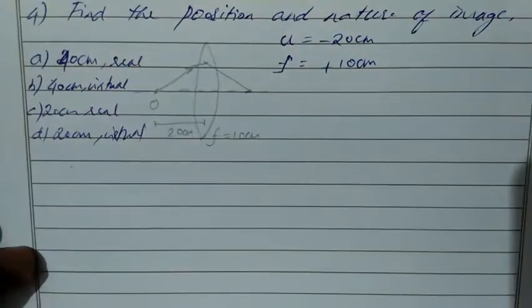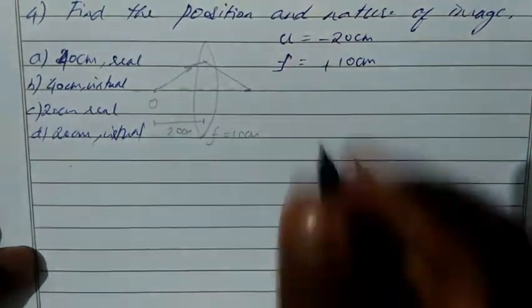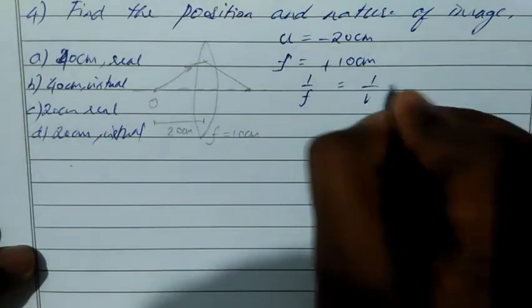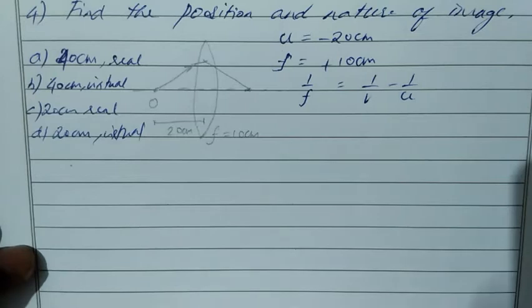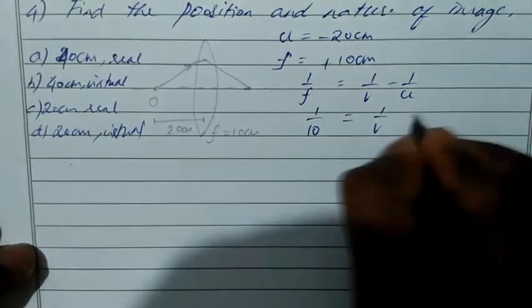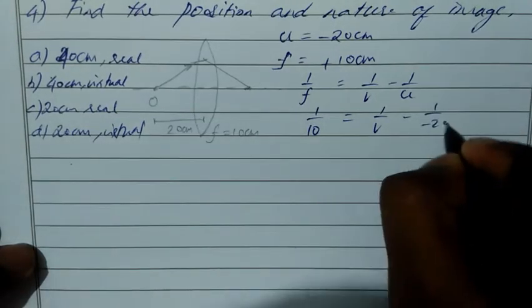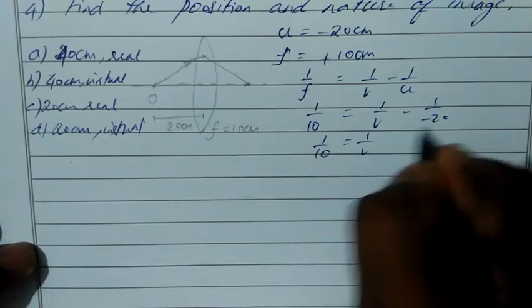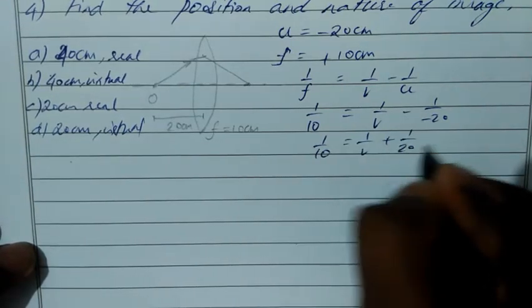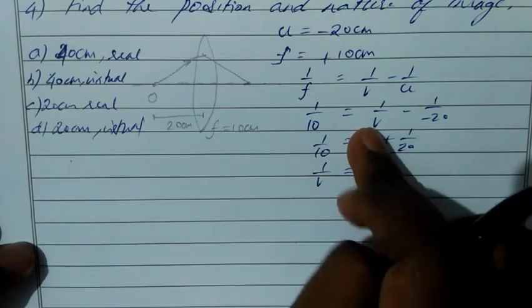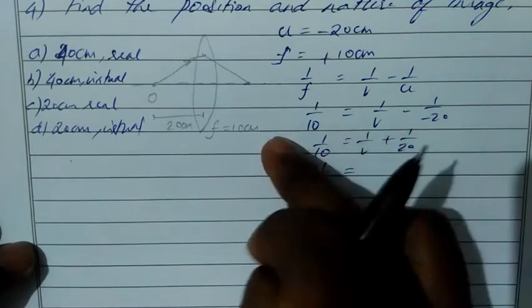We have to find the position. So we know u value, f value. What is the formula? 1 by f equal to 1 by v minus 1 by u. Write the f value, 1 by 10 equal to 1 by v minus 1 by minus 20. Then we have 1 by 10 equal to 1 by v, minus into minus will become plus, plus 1 by 20. Take 1 by v, so 1 by 20 goes to left hand side.